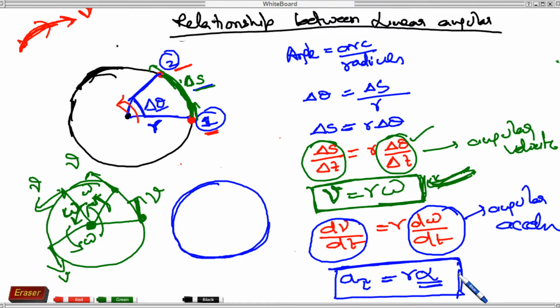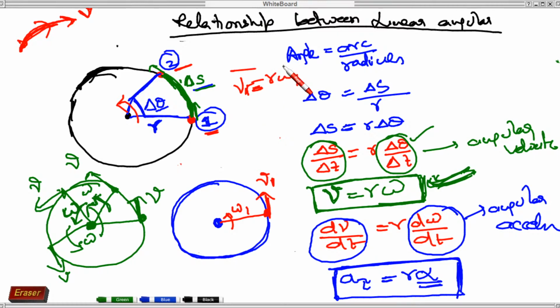Now here, suppose the particle is initially here with some velocity v1 and angular velocity omega 1, so v1 is equal to r omega 1. Suppose the velocity is increasing.